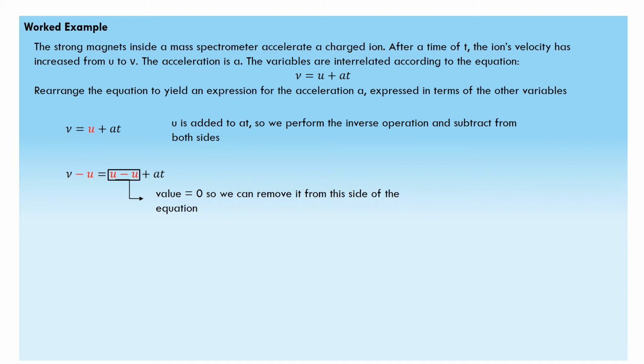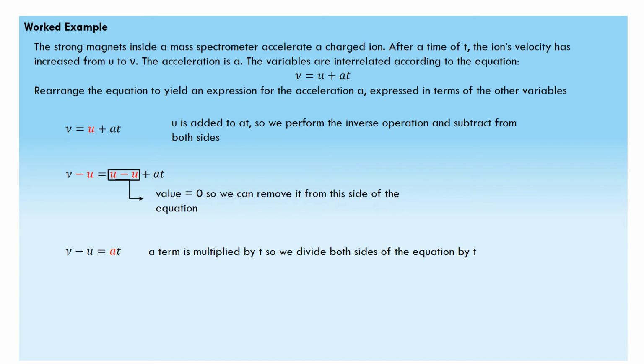Now we know that that u minus u value is equal to 0. So we can remove it from the right hand side of the equation, leaving us with v minus u equals at. Now we unpick the next operator, moving up our BODMAS hierarchy. And we know that we've got to unpick that multiplication term. So here the a term is multiplied by t.